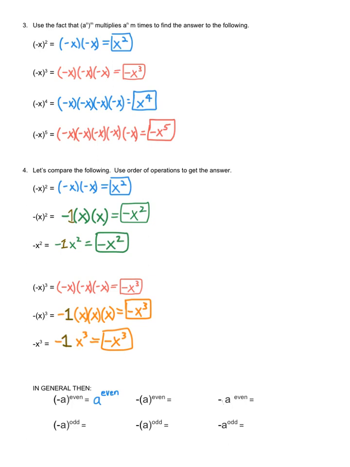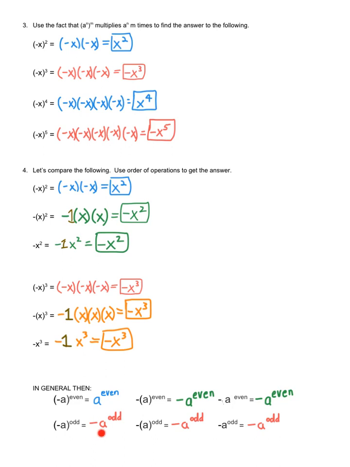However, when I had a negative outside of the parentheses to an even power, or just a negative without parentheses of a to the even power, both of those, as we saw in our number 4 second and third examples, gave me a negative a to the even power. Looking at the odds from our second and fourth examples of number 3 and the last 3 examples of number 4, all of them, no matter what, whenever it's an odd power, if it's a negative, we'll end up staying negative. So again, big ideas.